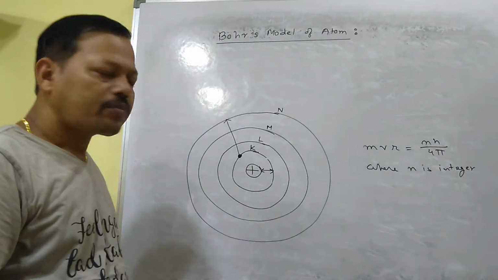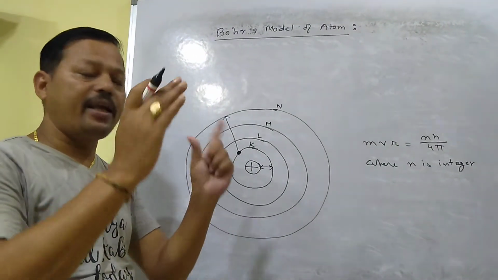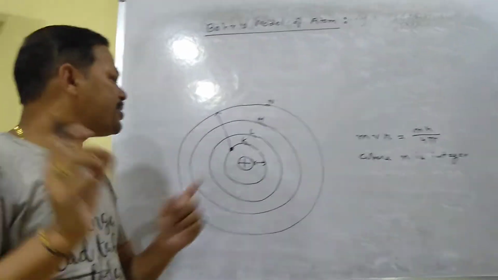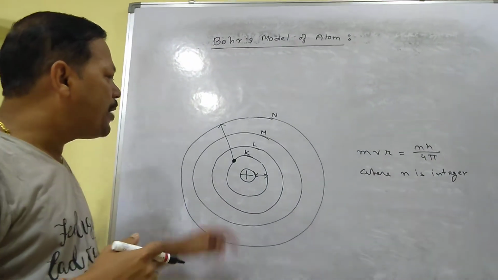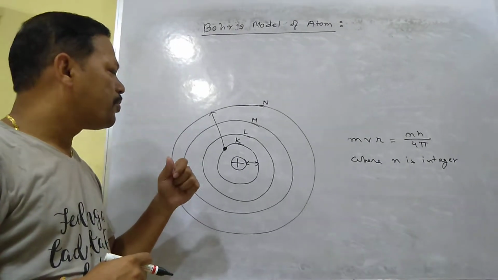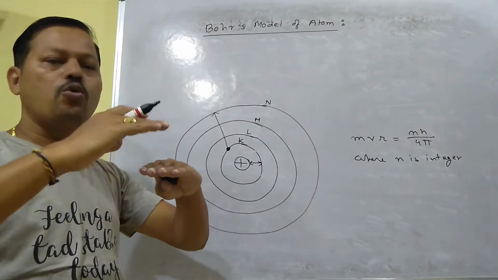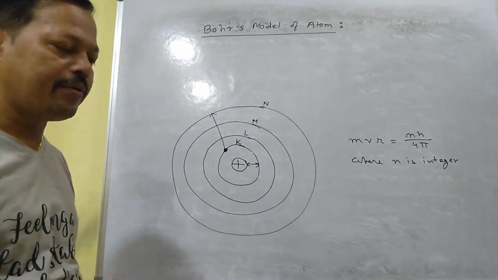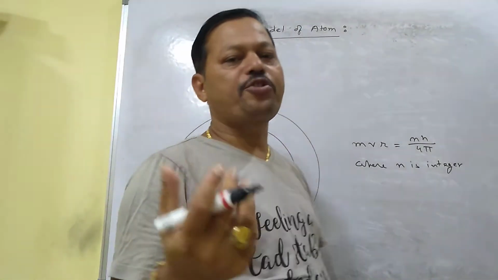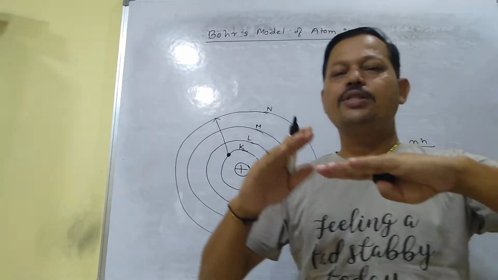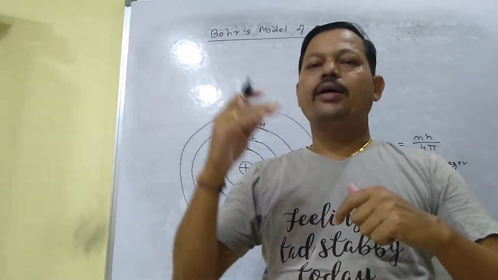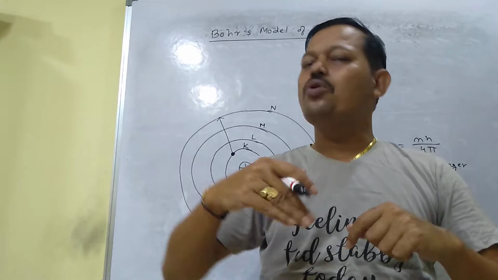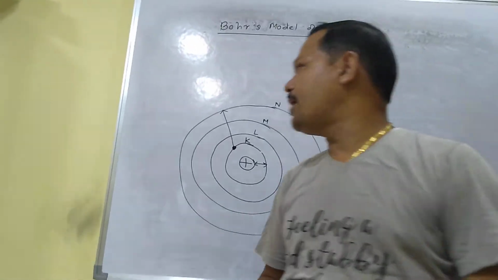When an electron is present in an orbit, the energy of the electron is fixed, but energy may be emitted or absorbed when it jumps from one orbit to another orbit. Normally, when the electron absorbs energy, it jumps from a lower level to a higher level, and when the electron comes back from higher to lower level, it emits the energy.